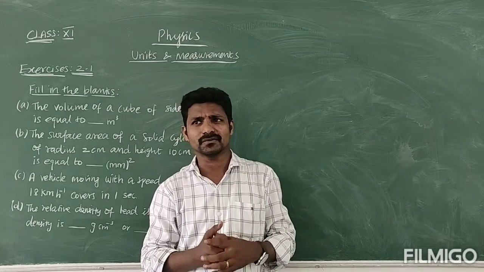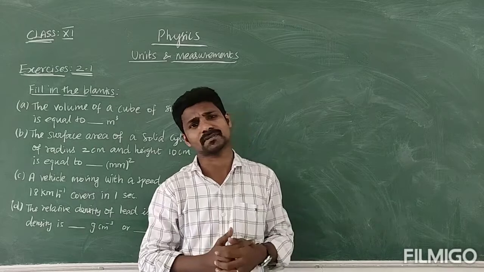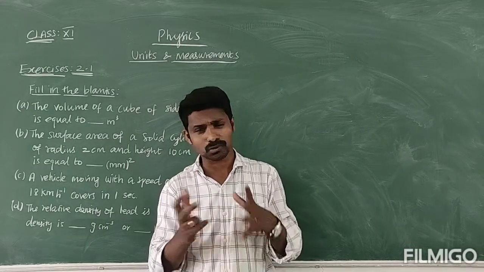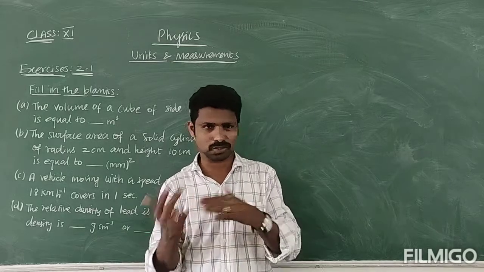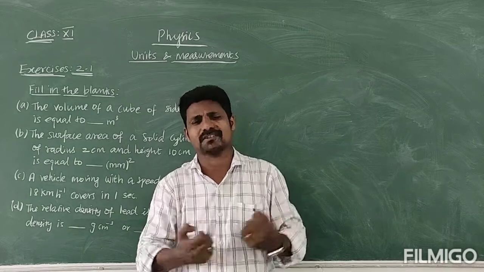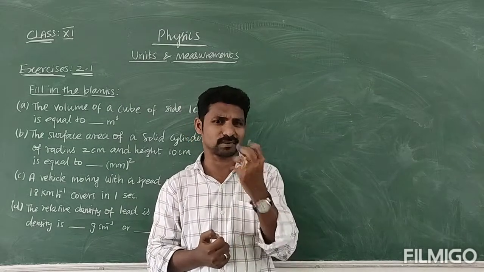If you observe this NCERT, especially the second lesson problems, it will give you great practice on how to handle the problem and how to convert the units from one to another. So if you watch with interest, you can get some idea.